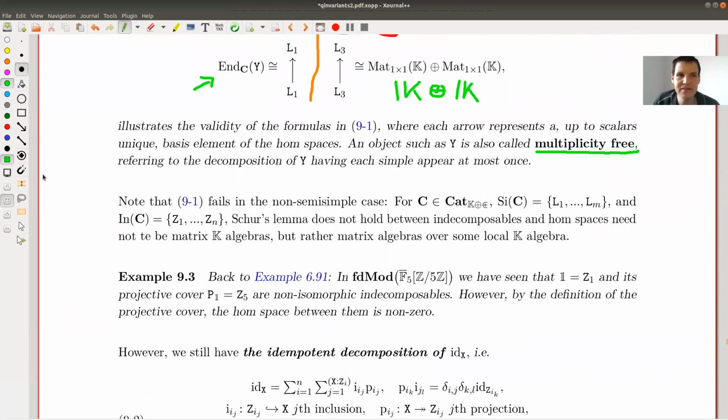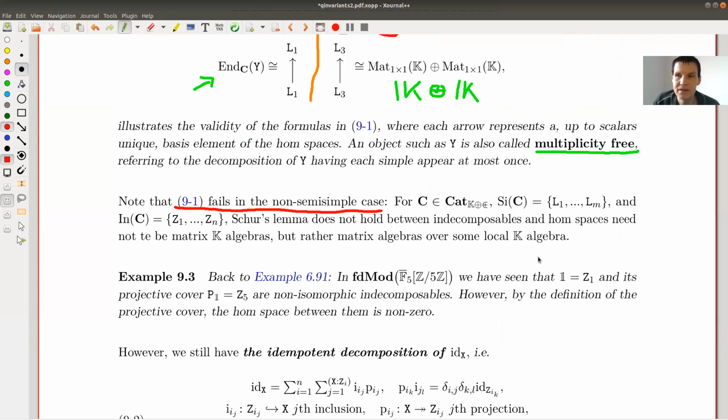The problem is that this is just wrong in the non-semi-simple case. So this fails in the non-semi-simple case. For a non-semi-simple category, Schur's lemma usually doesn't hold because you would need to look at the indecomposables. Schur's lemma between indecomposables is just wrong.